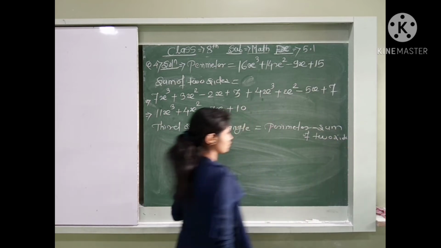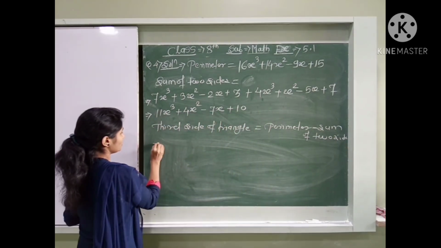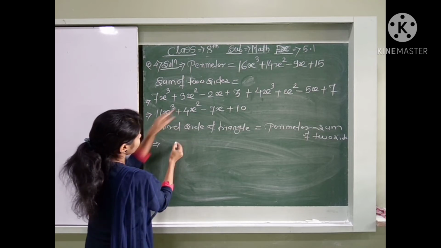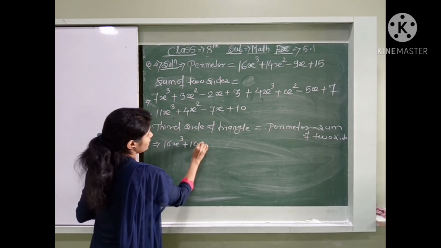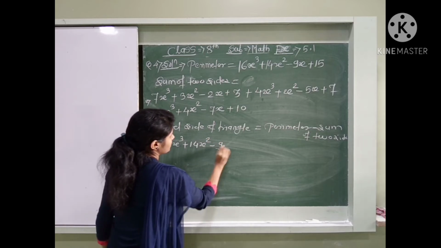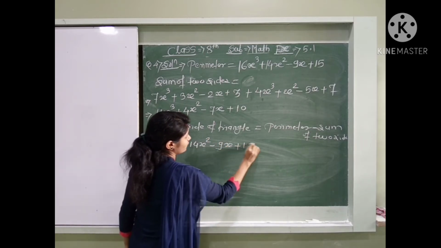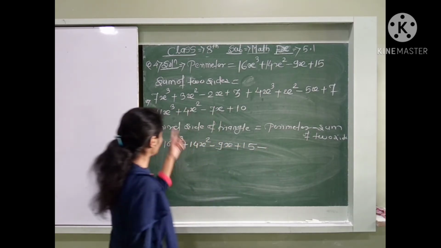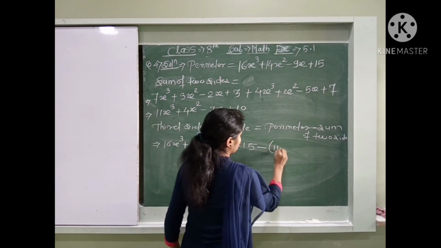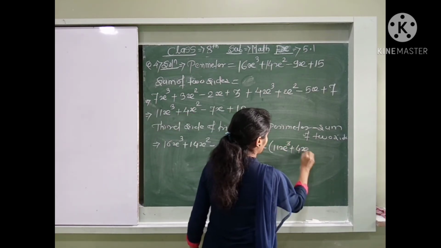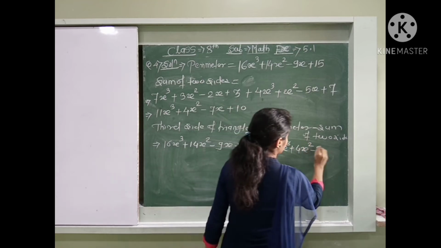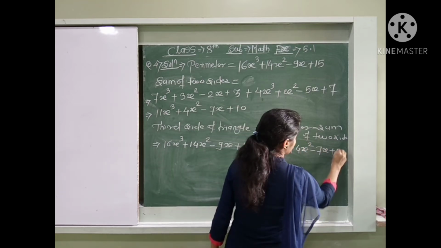The perimeter is 16x cube plus 14x square minus 9x plus 50, minus the sum, 11x cube plus 4x square minus 7x plus 10.